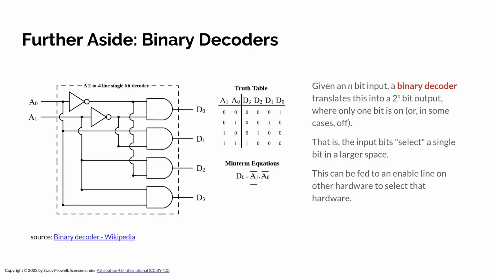Because 2 bits have 4 different possibilities, each one of which will select one of those output lines. That would be fed to the chip enable. Since only one is enabled at any given time, they're all connected to the address bus. They're all connected to the data bus. But only one of them is enabled at any given time based on what you've stored. And that's the one that you get.